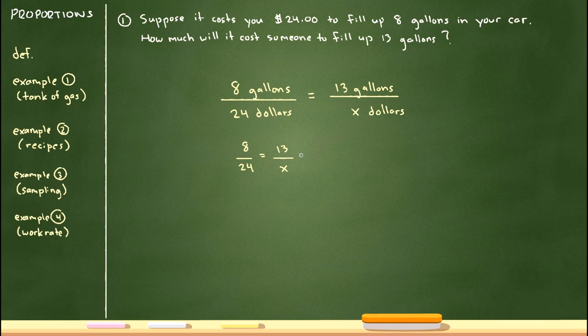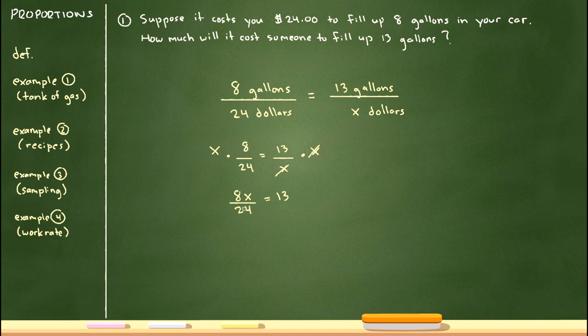So in this case, if I multiply by X on the right side, these two will cancel, and I have to do the same on the left, like this. So my new equation is now 8X divided by 24 is equal to 13.